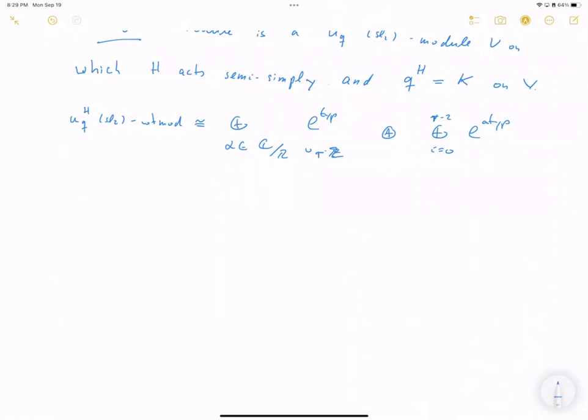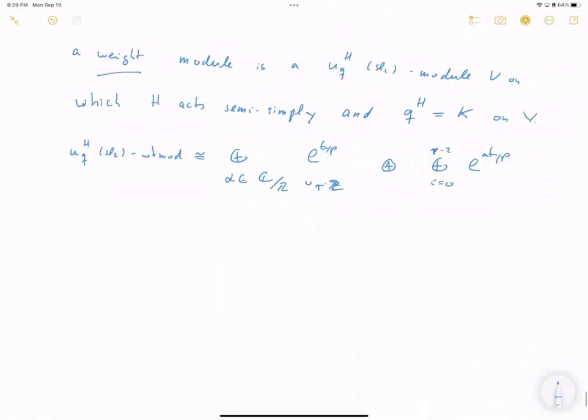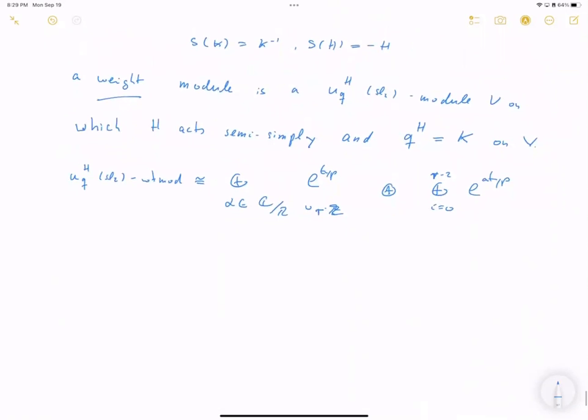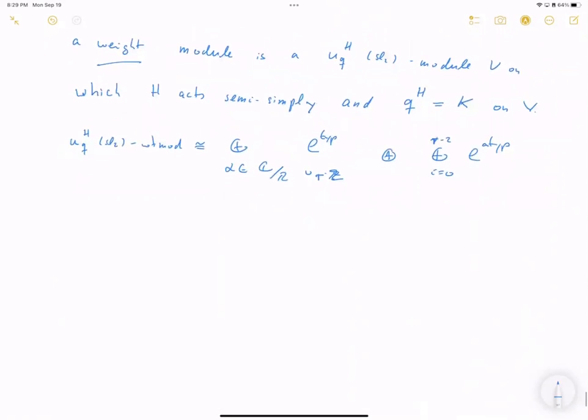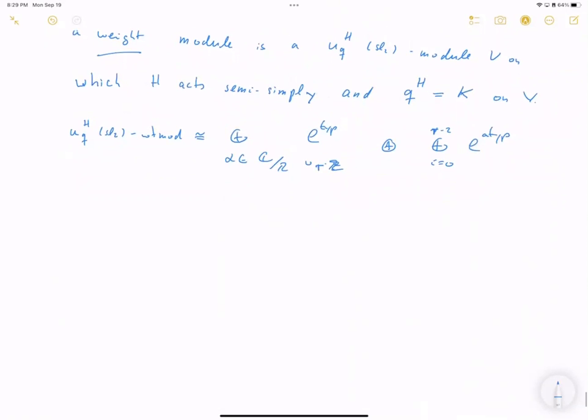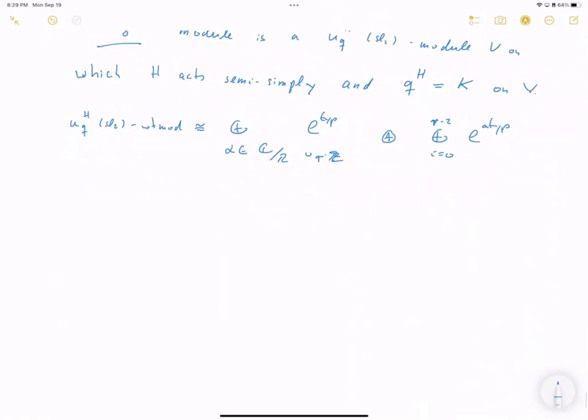Anyway, it seems this might be a nice guiding principle, and it turns out that Matt Rupert, David Ridout, and I have a paper where we have done such a comparison between the unrolled quantum group and SL3 at a special admissible level very explicitly, and that matched really nicely.